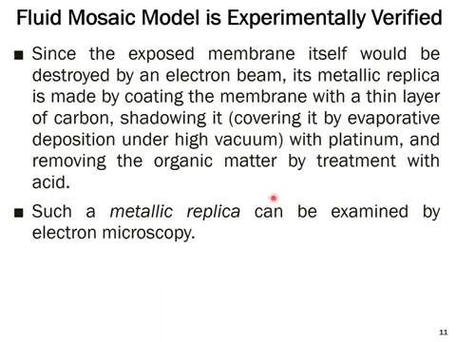Then we remove the organic matter, the carbon, by treating with acid. When we remove the carbon, we have a fine replica of the membrane made of platinum. That metallic replica can now be easily examined under electron microscopy, and it will not be destroyed by the electron beam.